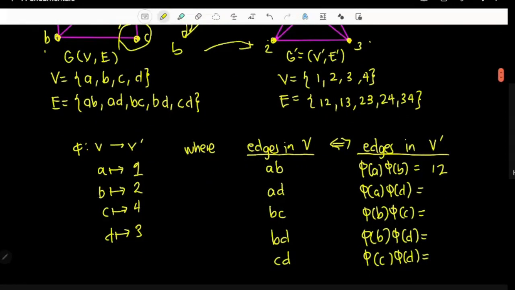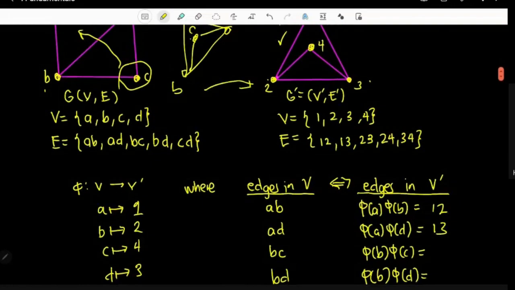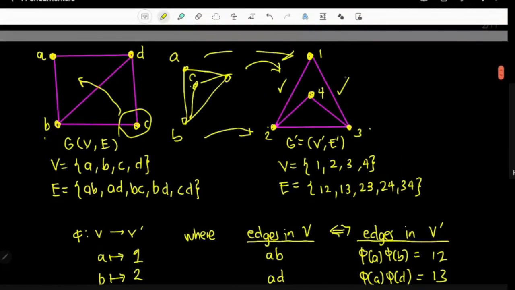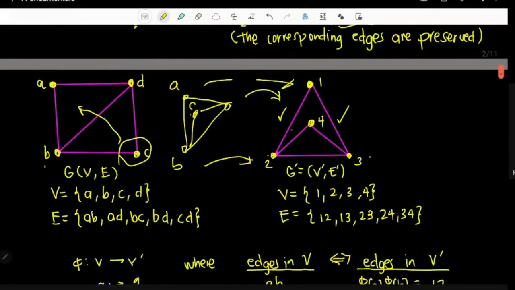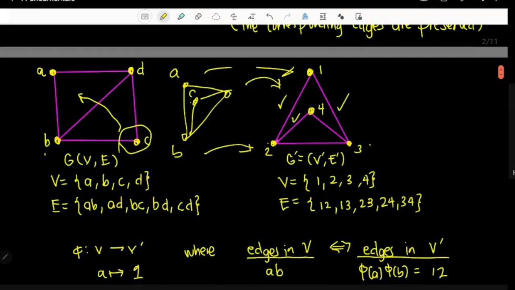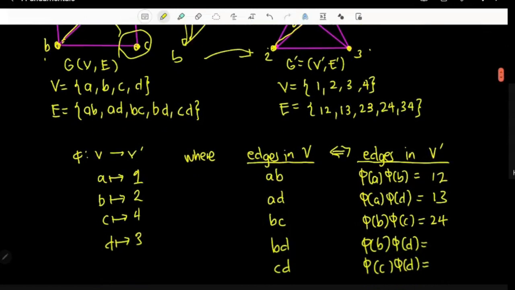Ang AD, ang image ng A ay 1, ang image ng D ay 3. So, ang 1, 3 ba ay edge sa V prime? Ito siya. Ang BC ay, ang B ay 2, ang C ay 4. So, this is 2, 4. This one. Ito yung BD.